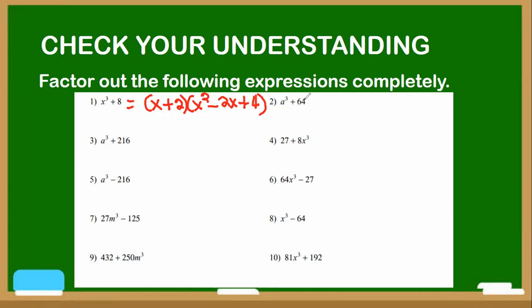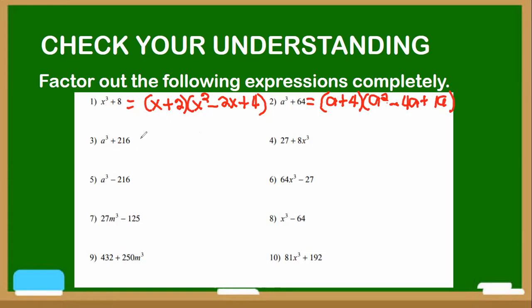For number 2, we can factor this out. So this is a plus 4 multiplied by a squared minus 4a plus 16. So that's the answer for number 2.